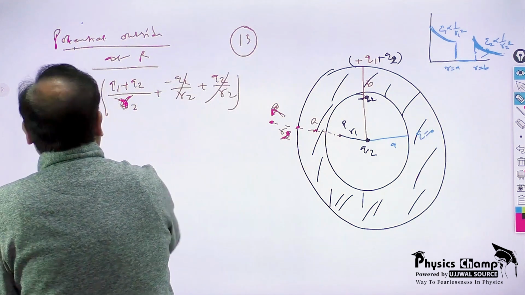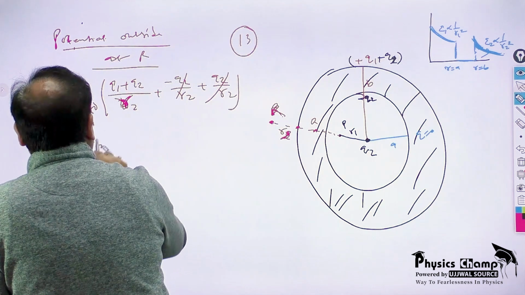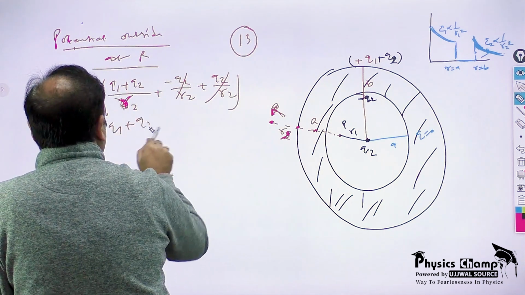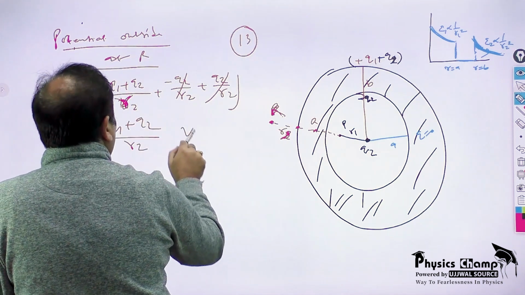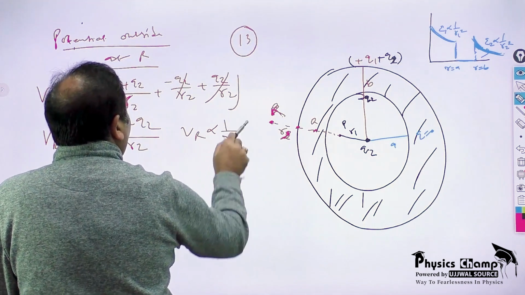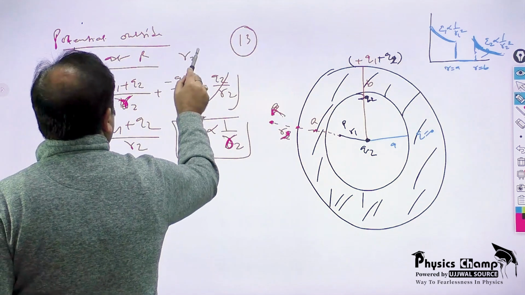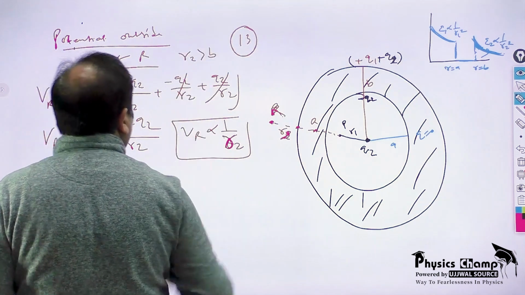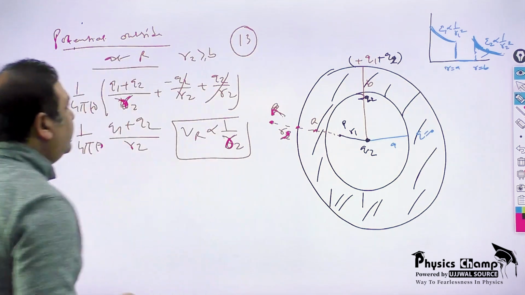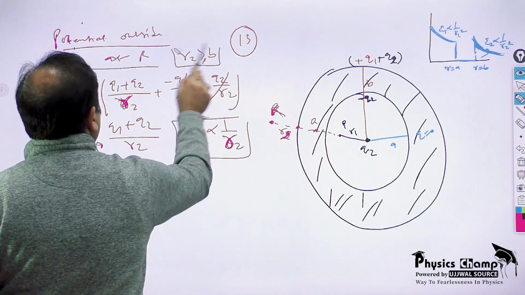So the potential at R will be 1 by 4 pi epsilon naught Q1 plus Q2 by R2. So V at R is inversely proportional to R2, for R2 greater than or equal to B.